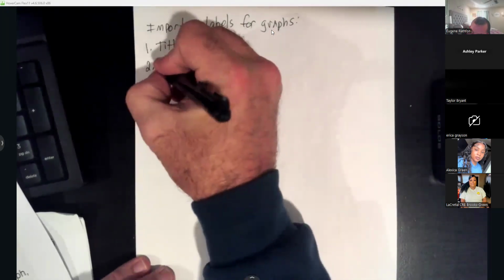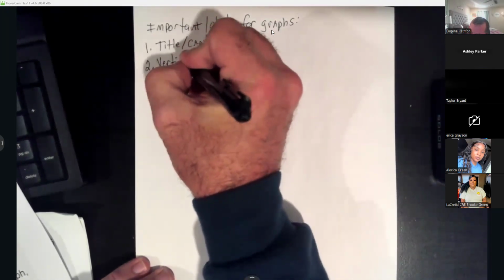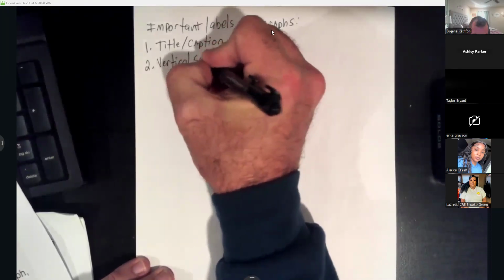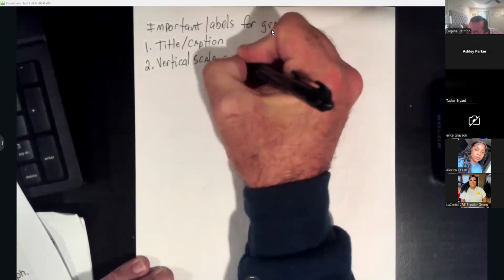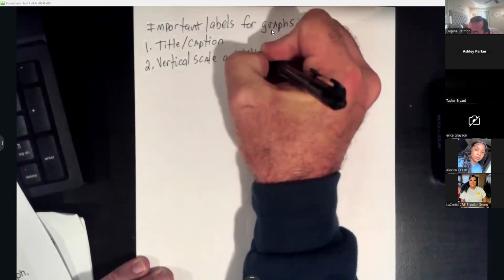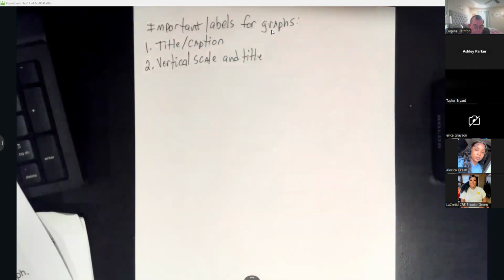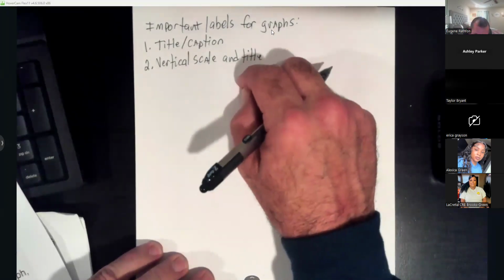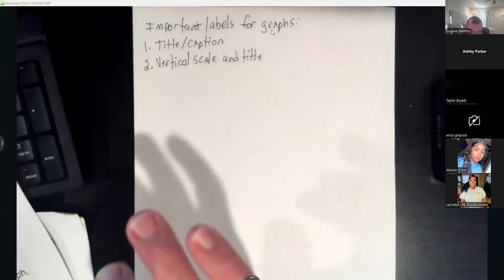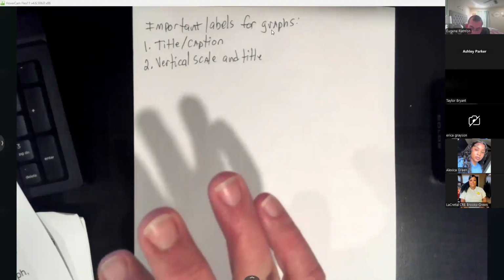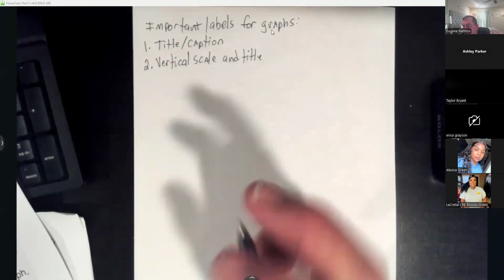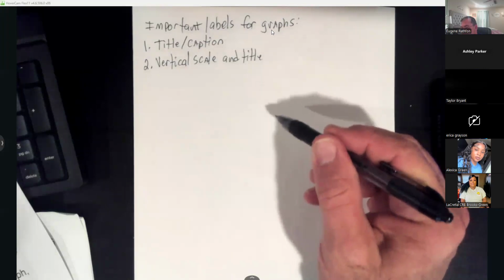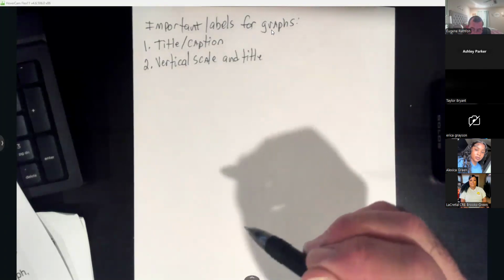Second thing, you want a vertical scale and title. So you want to have numbers along your axes that clearly indicate the scale, okay? So you want your numbers to line up with the little tick marks on the graphs.